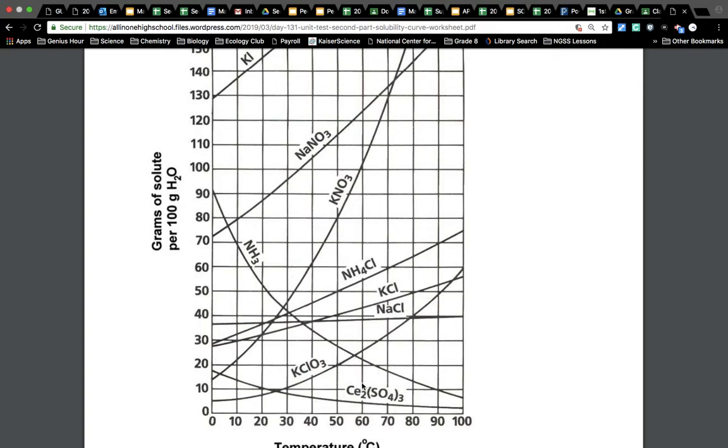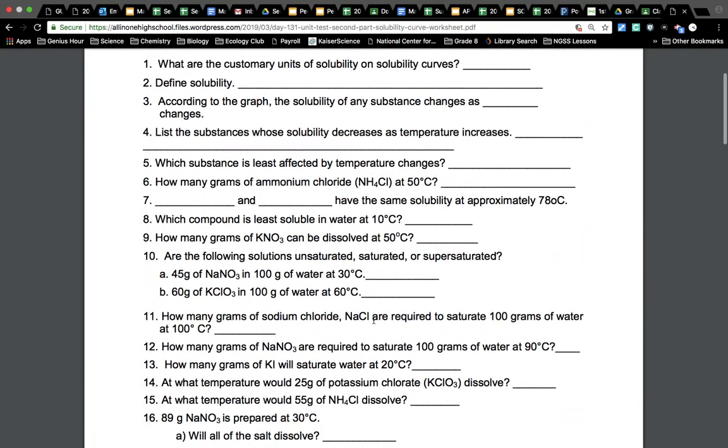This is a weird one, and I'm not exactly sure, and I'd be interested to look this up. Why? Because I'm guessing this is a salt, and it's a solid, so it should, most solids that you dissolve, their solubility increases, right, with increasing temperature. It's gases that show the opposite trend. Okay.